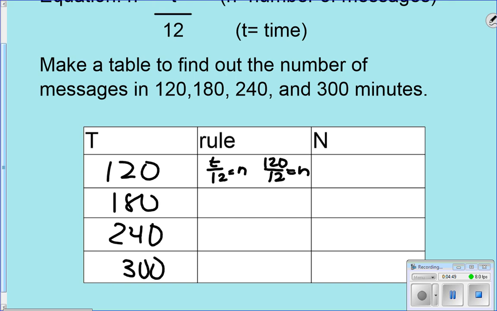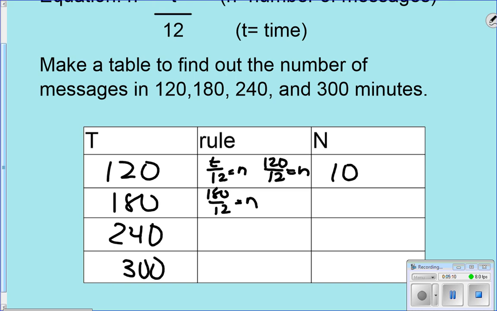Just 10. So how many messages were left? Yeah, that's it. You do the same thing. 180 divided by 12 equals n, whatever that is. I'm guessing it's 12. I don't know, should we see? We'll quickly do it. Do it in your head.